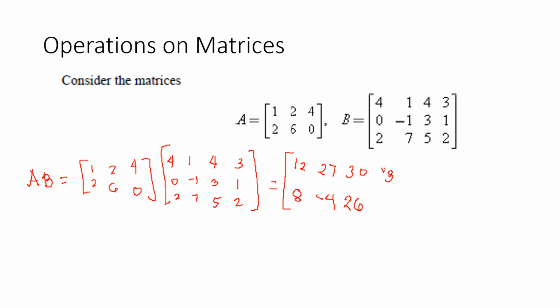Then for the last one, you have 2 times 3 plus 6 times 1 plus 0 times 2, which is equal to 12. Okay, and that's our matrix.